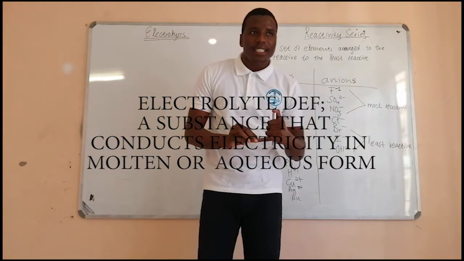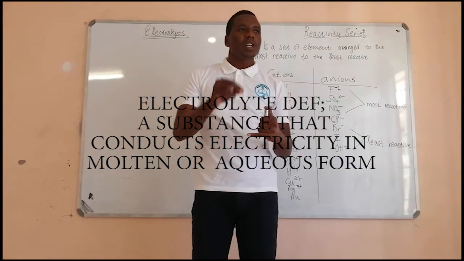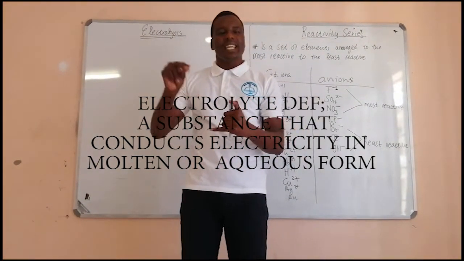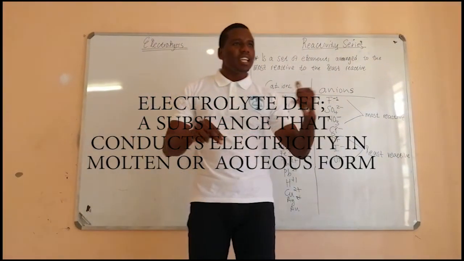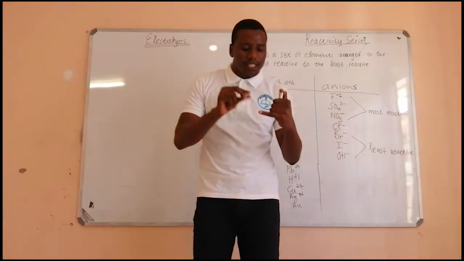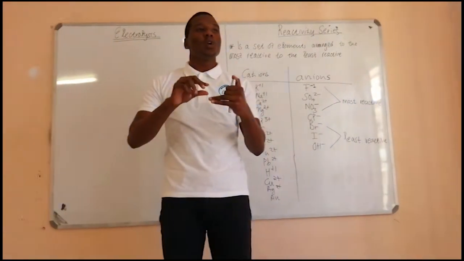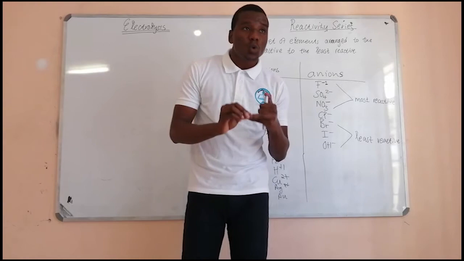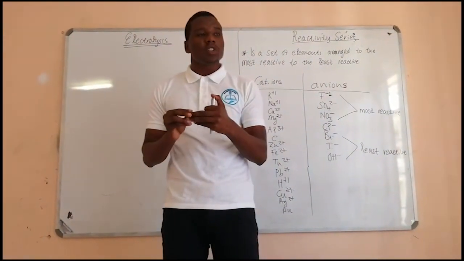An electrolyte is a substance that conducts electricity in molten form or in aqueous form. So we are going to talk about the electrolytes, and then we go to what we call the strong electrolytes and the weak electrolytes.